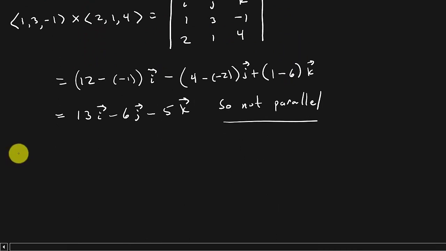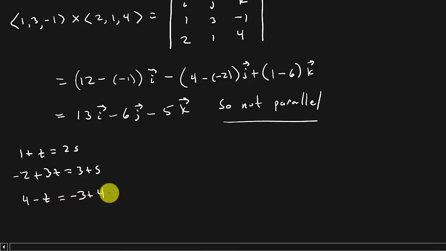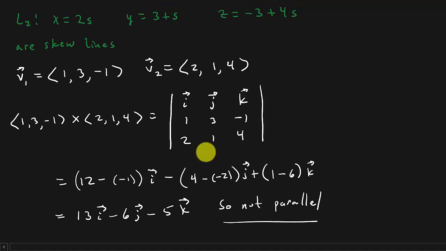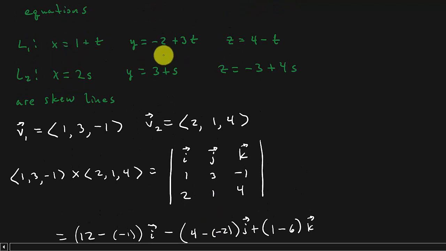So that's 1 plus t equals 2s, negative 2 plus 3t equals 3 plus s, and 4 minus t equals negative 3 plus 4s. All I did is I set each coordinate of the first line equal to the matching coordinate of the second line.